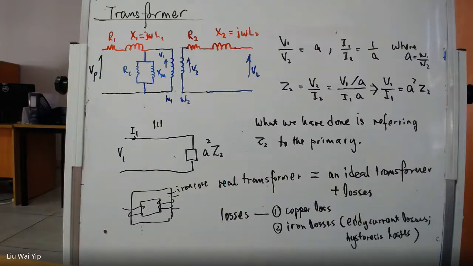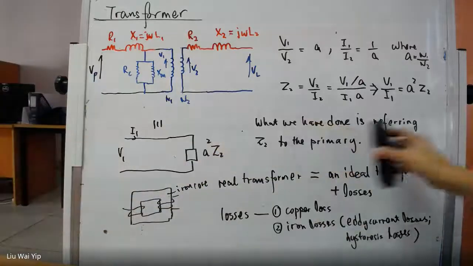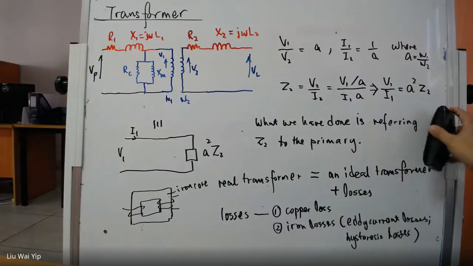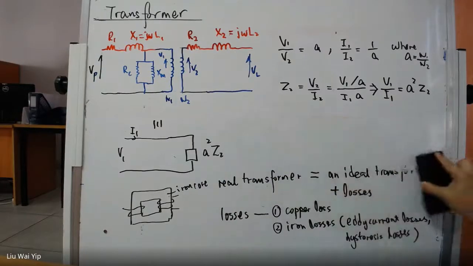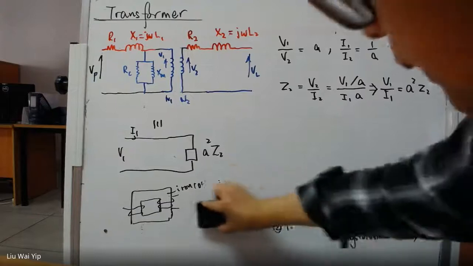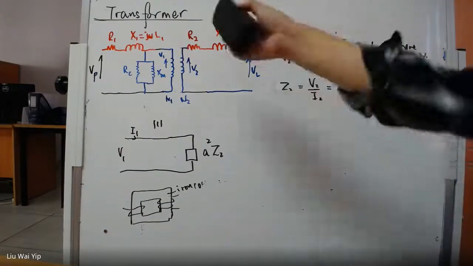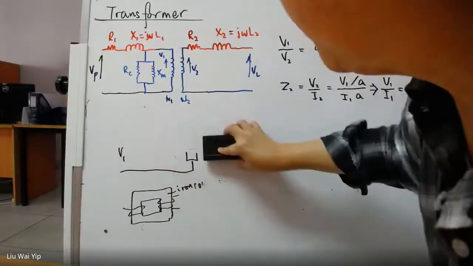Now, you may think that with a transformer like this, it's very difficult to model. But don't worry, we have learned a lot of tricks already. We can use these tricks to model this transformer. Now, I don't have enough space here, so I'm going to erase this, and I will leave this circuit here.